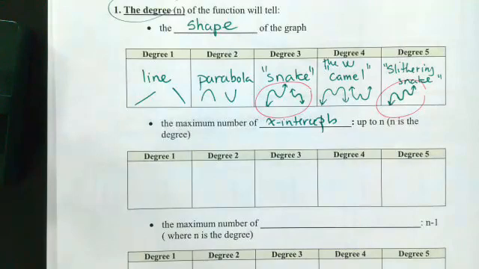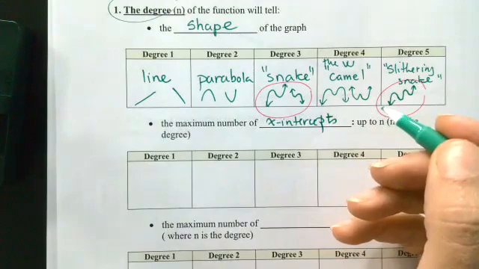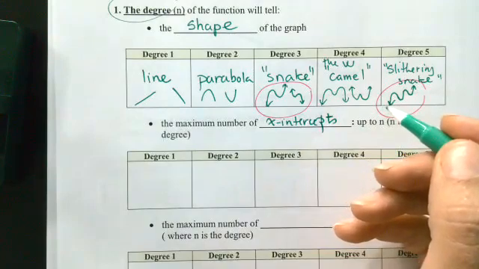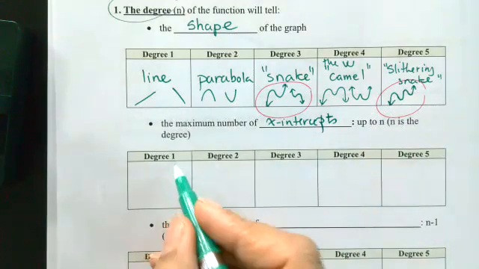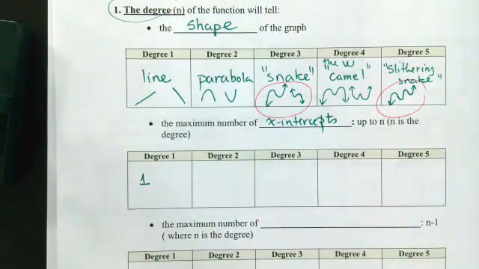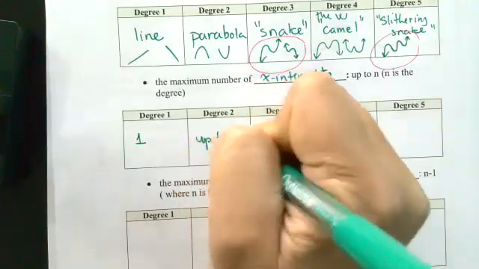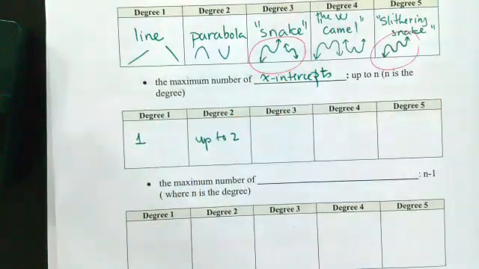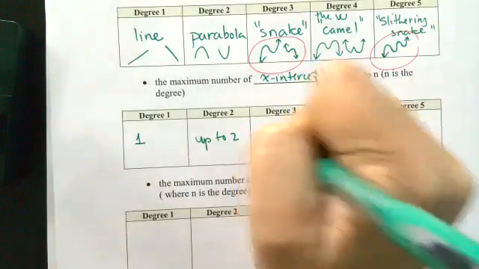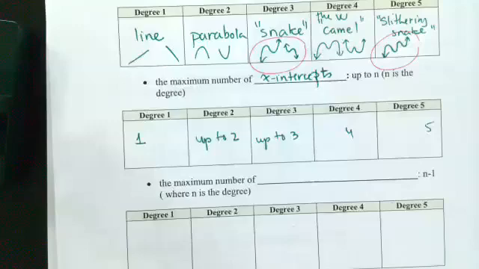X-intercepts, recall, means the points that cross or touch your x-axis. Degree 1 can have up to 1. Degree 2 can have up to 2. Degree 3 can have up to 3. Up to 4, up to 5. You can see it's always going to be the same number as the degree of the function.